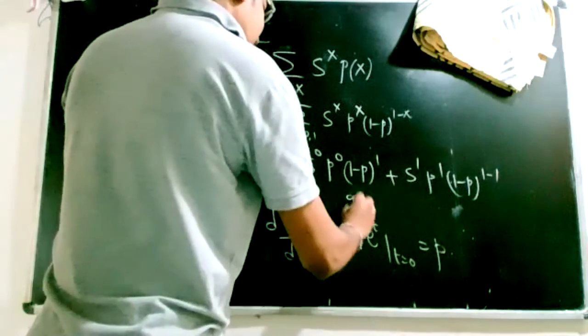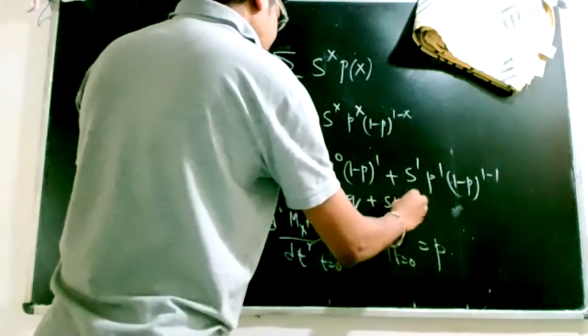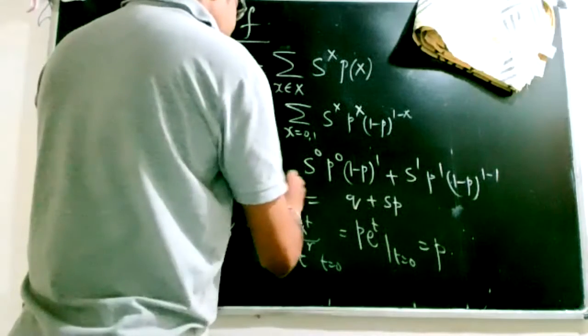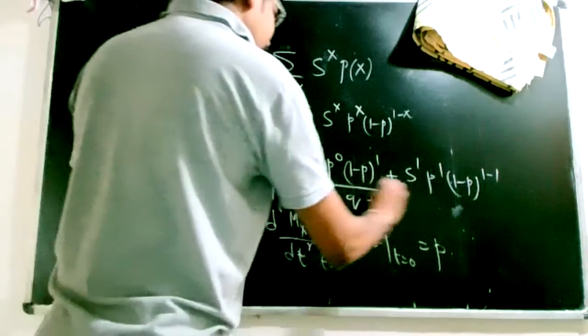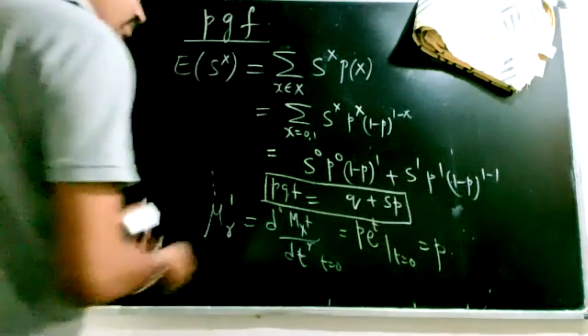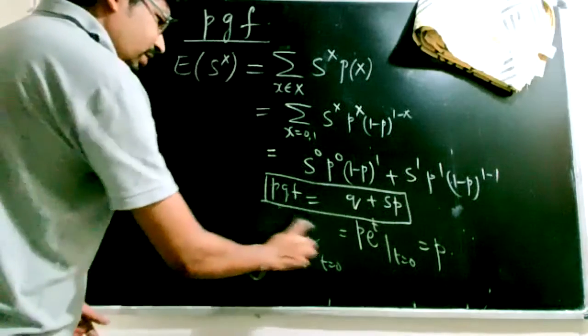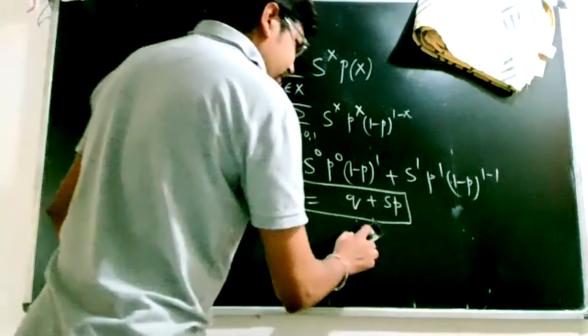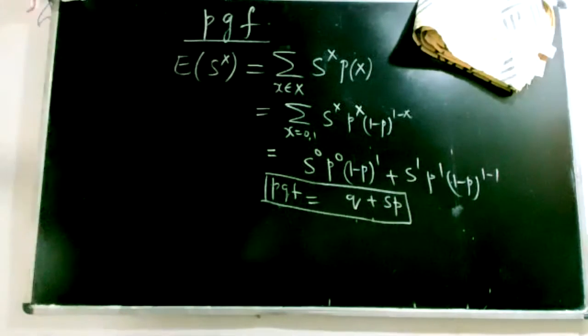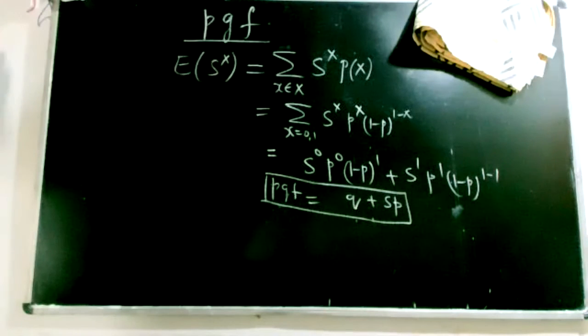So this is q plus sp. This is your PGF of Bernoulli distribution. It is called the probability generating function because when you differentiate this with respect to s and put s equal to 0, that will generate the probabilities, as well as the central moments.